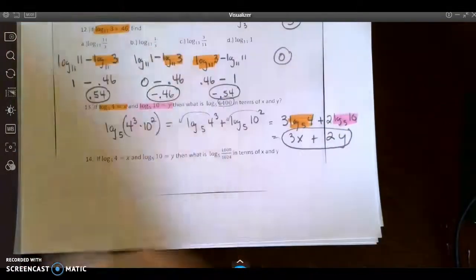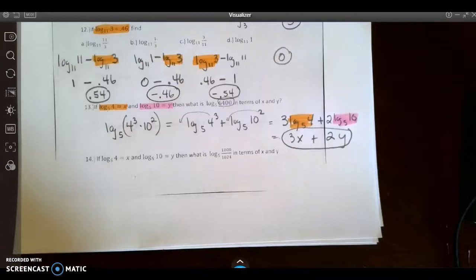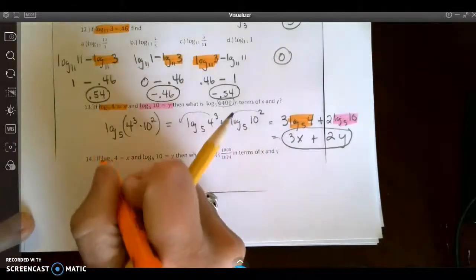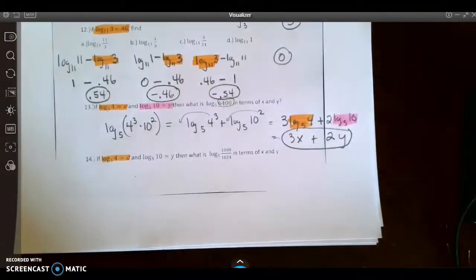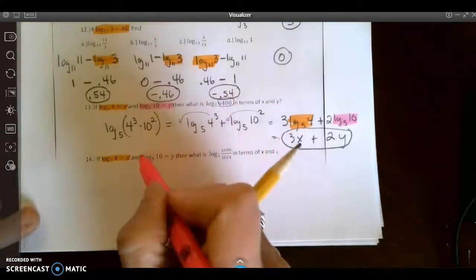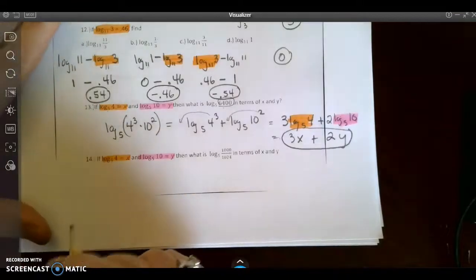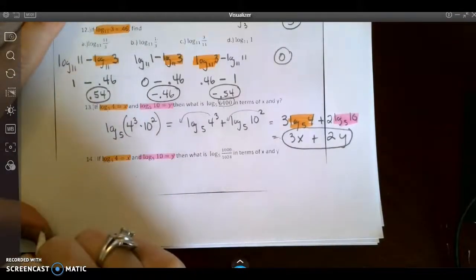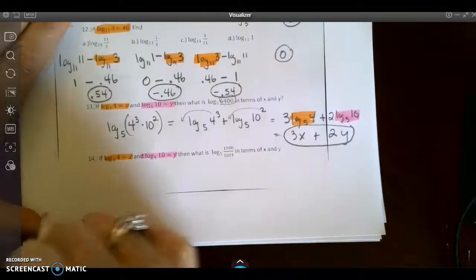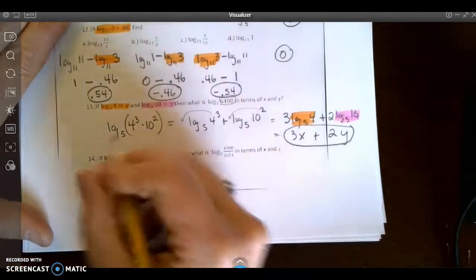Right, next one, number 14. Same kind of a problem where I've got log base 5 of 4 equals x and log base 5 of 10 equals y. And this time I'm doing log base 5 of 1,000 divided by 1,024 in terms of x and y. All right, so let's see. 1,000 I know is 10 cubed.